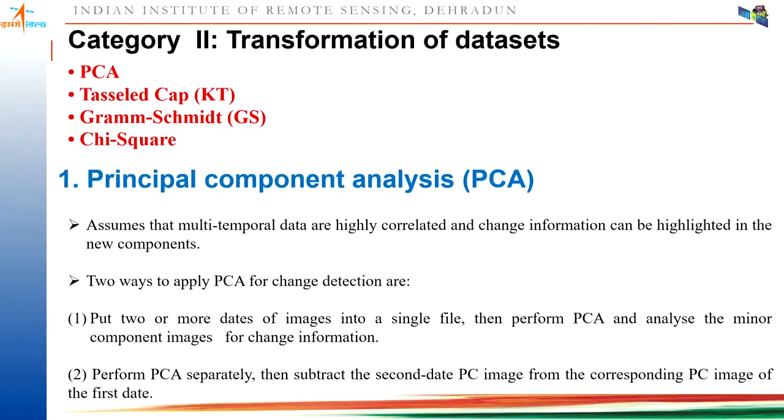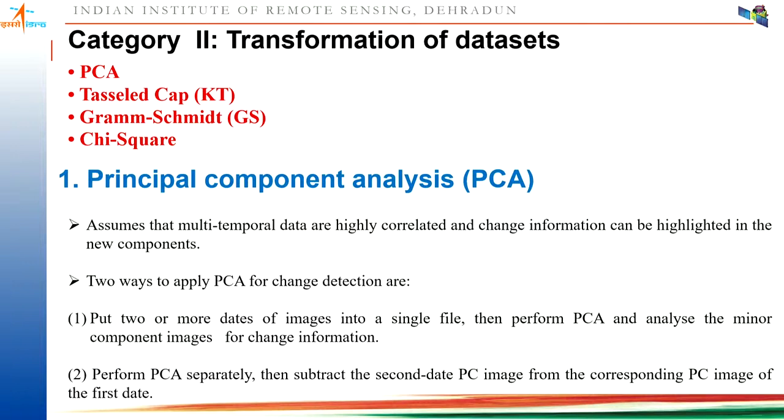Okay. The second type of category is transformation by using transformation matrices, that is PCA, Tasselled Cap, Gram-Schmidt, chi-square. So in PCA, first of all, the PCA is calculated for both the images. You can use PCA for change detection by either putting two or more dates of image into a single file and then performing PCA.